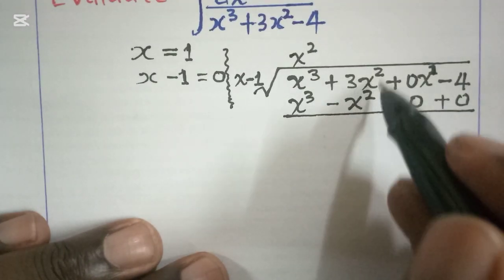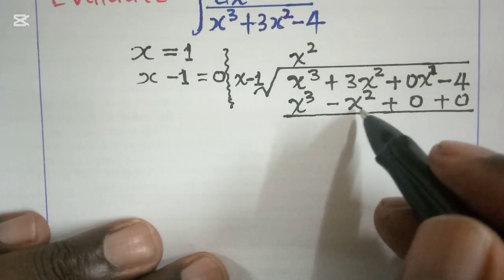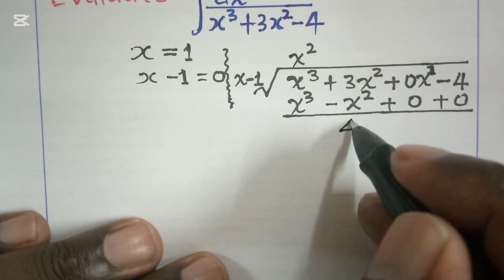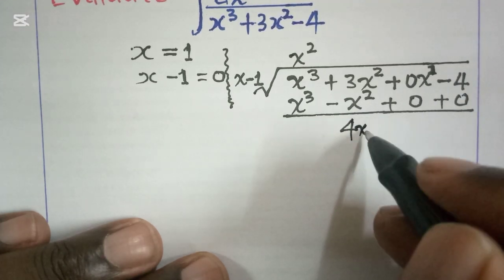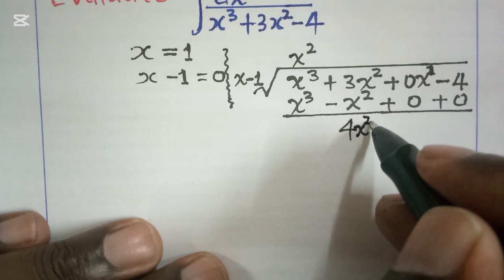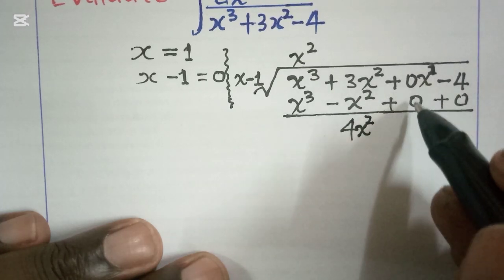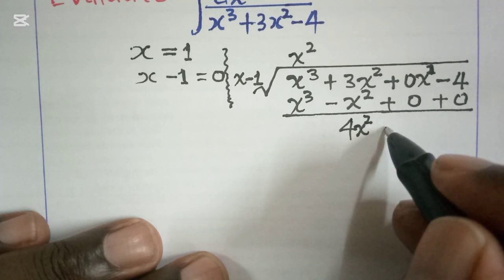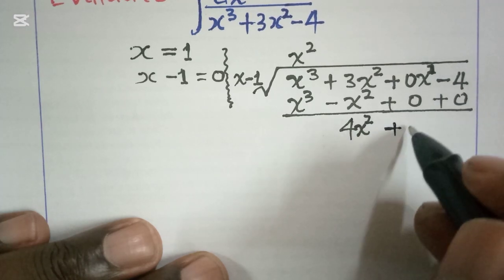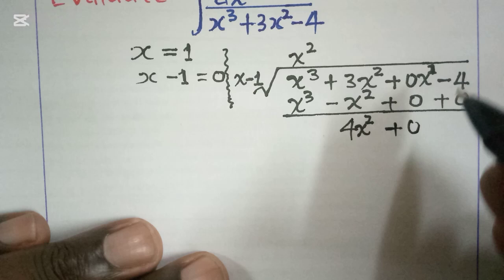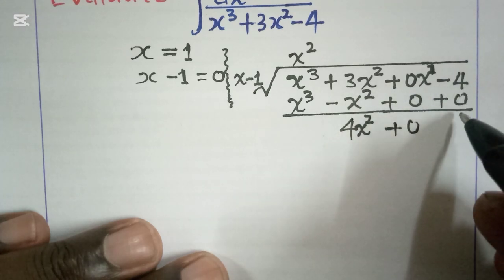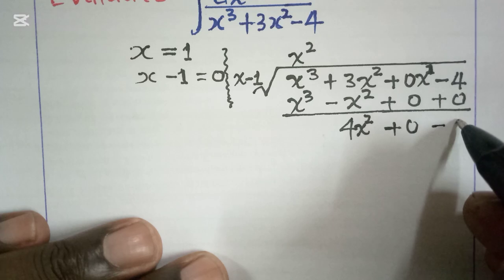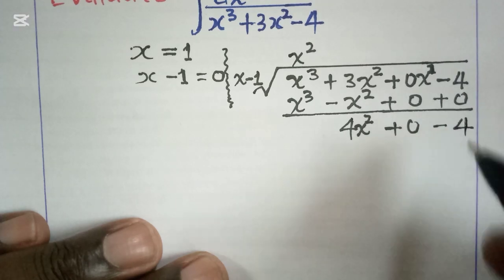So it is 3x squared minus minus x squared, which comes to 4x squared. Then here we have 0 and 0, so we shall still have our 0. We come here and say minus 4 minus 0. That gives us minus 4.